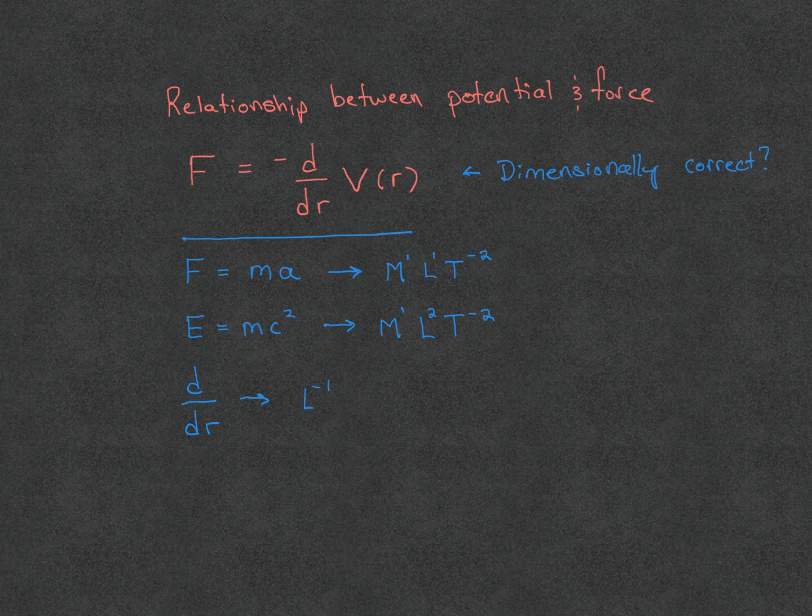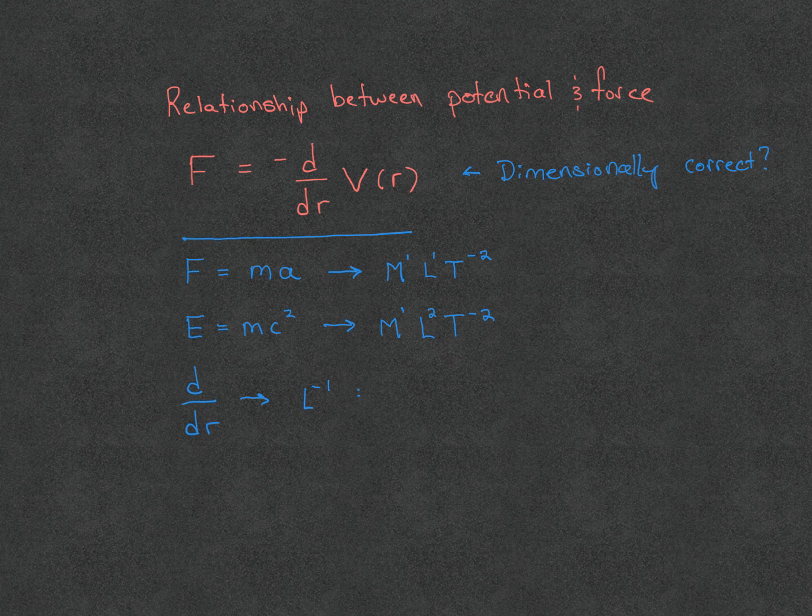And let me just take a minute to justify that statement as well. If we wanted to take the derivative of the potential with respect to r, and we didn't know the math to actually find the derivative, we could use the idea that the derivative tells us about the slope, okay?